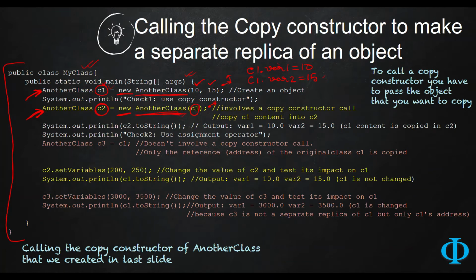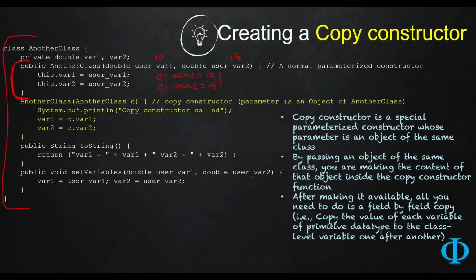So let me go back again to the previous slide to show what is happening. Right after the function call, this time it will call this copy constructor over here. That means this part of the code will be called. Here you are passing C1, instead of C, you are just passing C1 over here.